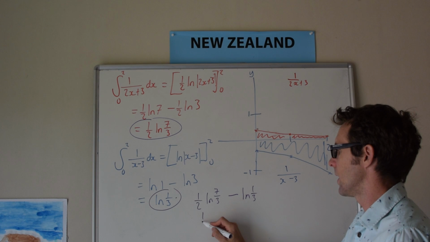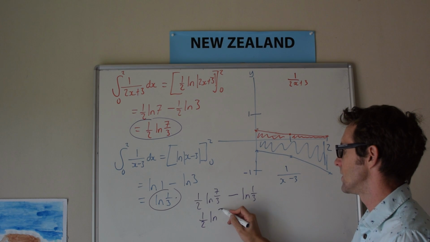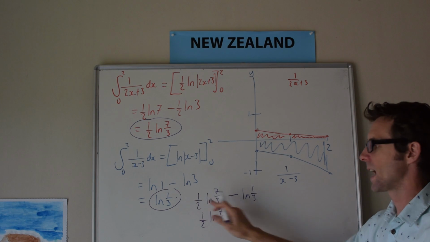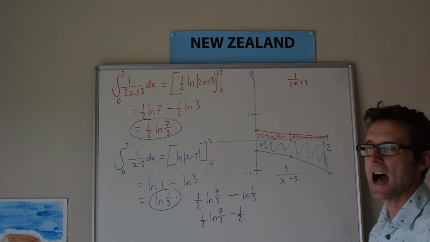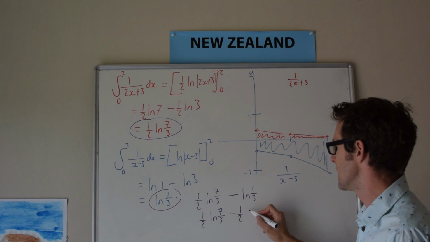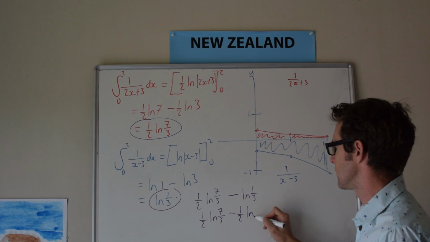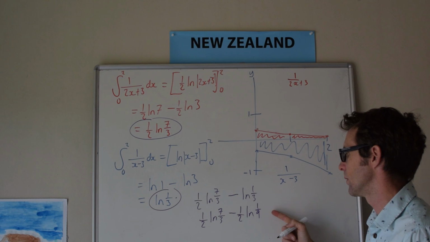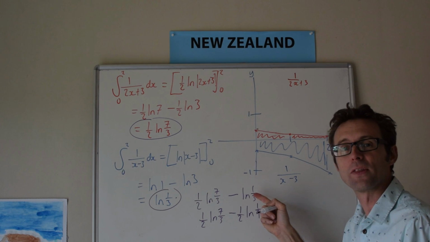Now the next step, I'm going to say 1/2 ln 7 over 3 minus, and I'm going to turn this so that we've got a half in front of it as well. Now remember, a half is just like a square root. So for me to square root this must be 1/9. If I take the square root of 1/9, it gives me 1/3.